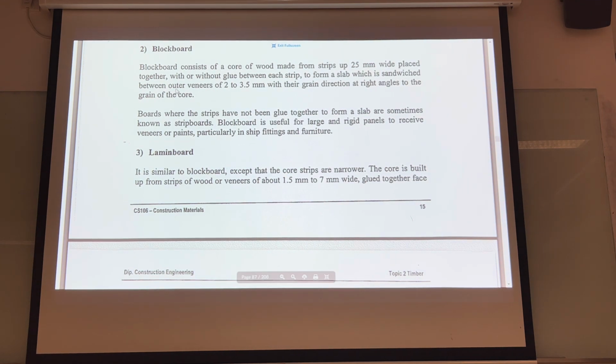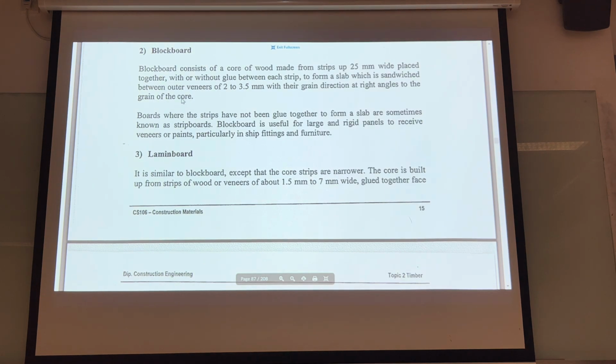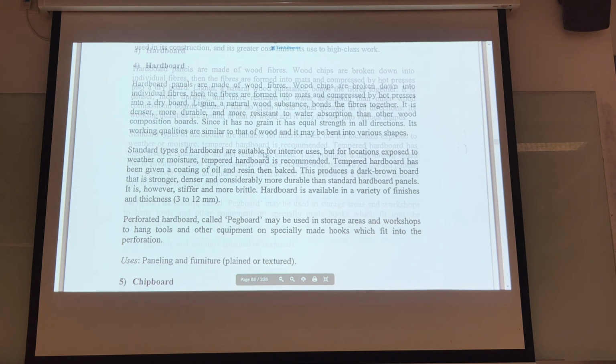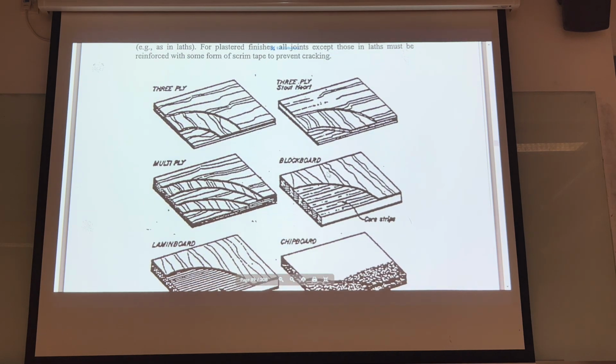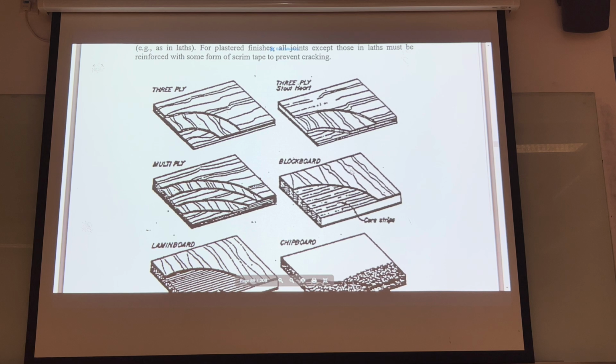Okay, and then the veneer grain direction must be perpendicular to the grain direction of the core strip, right? What it means here? This is the grain direction of the core strip. This one is the grain direction of the veneer, right?